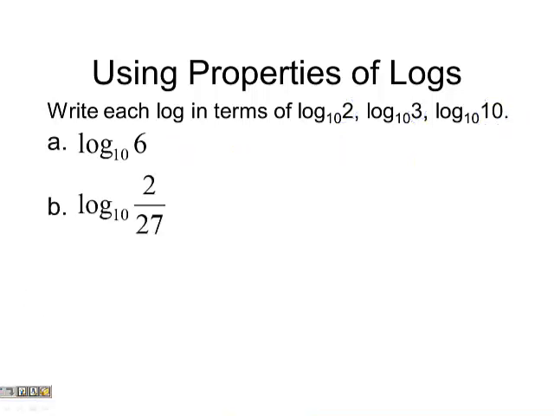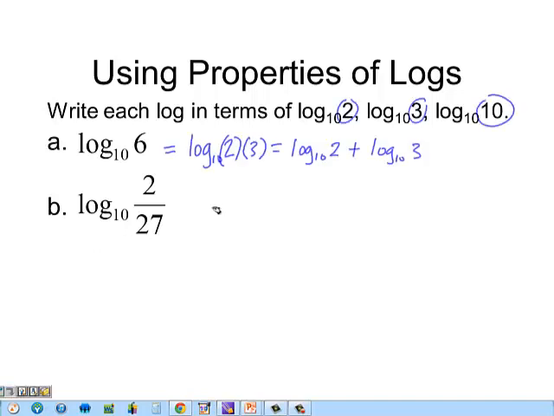What about that one? This would be 27 can be written as a base of 3, right? A base of 3 to the third power, like that. So this will be log base 10 of 2 divided by 3 to the third power, which can be written as log base 10 of 2 minus the log base 10 of 3 to the third power.